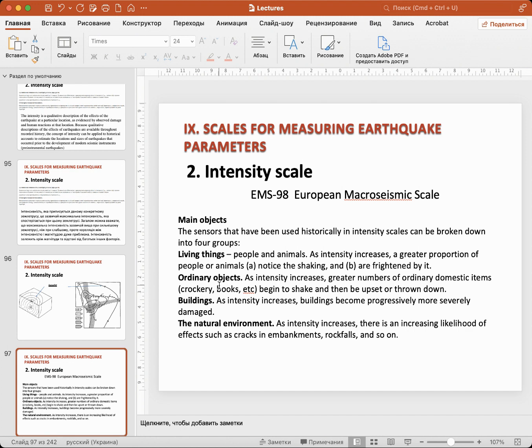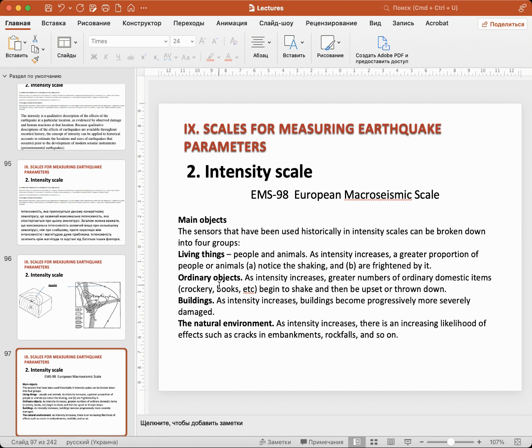People during the earthquake intensity 6 wake up in the night, and during the intensity 5 nobody woke up, and that shows us the difference of an earthquake intensity and how it influences on the human beings.